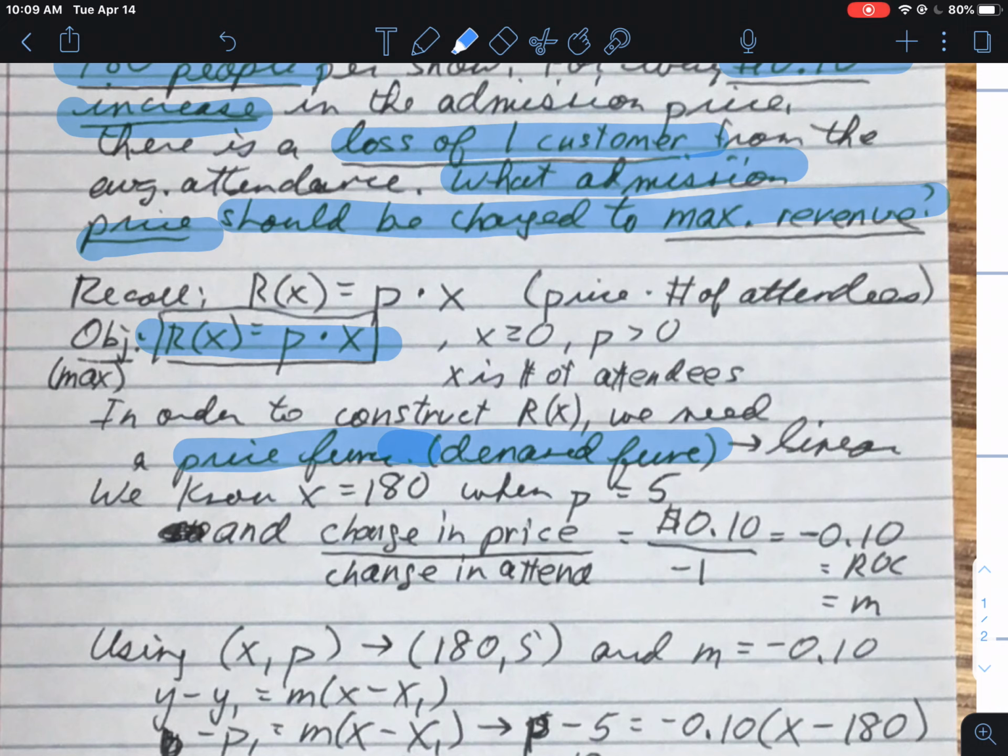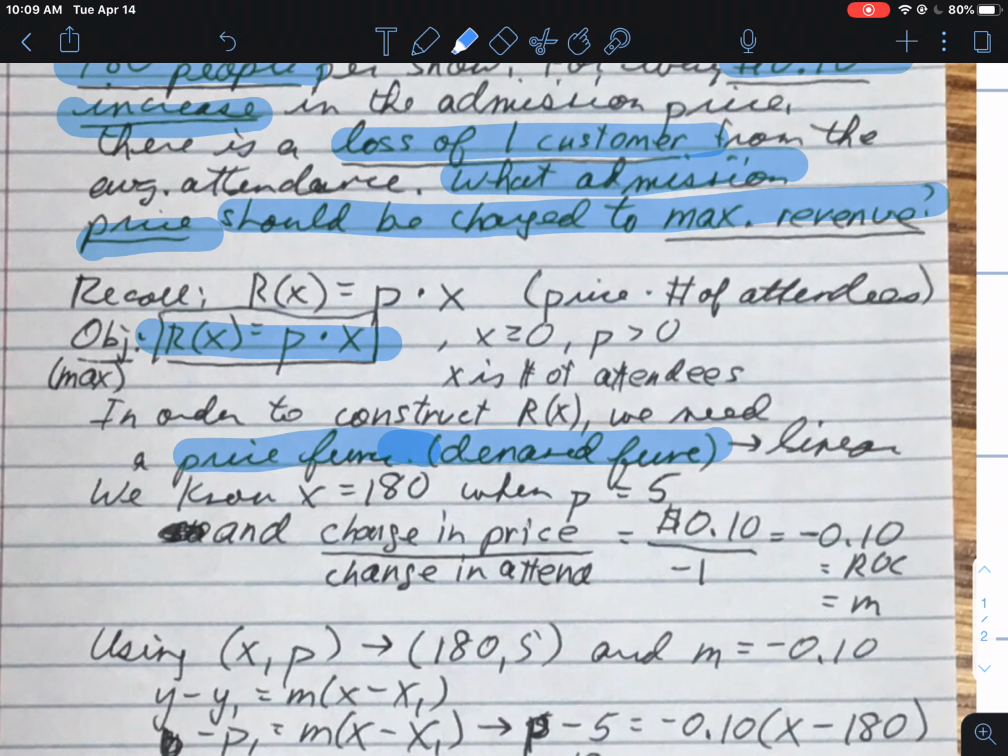Depending upon the price, there's going to be a certain amount of demand. If the price is low, demand is going to increase. If prices go up, demand is typically going to decrease. Okay? But regardless, it's all based upon how many people are willing to buy the ticket at the price that we're charging. So we call it a demand function. Price function, demand function, same thing.